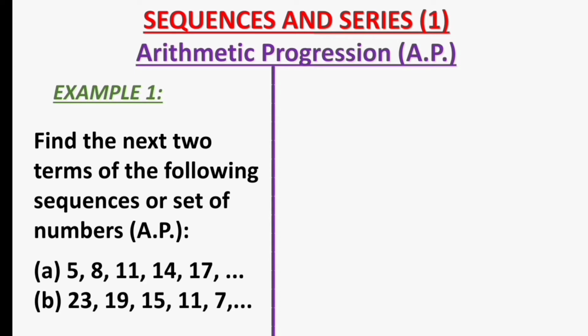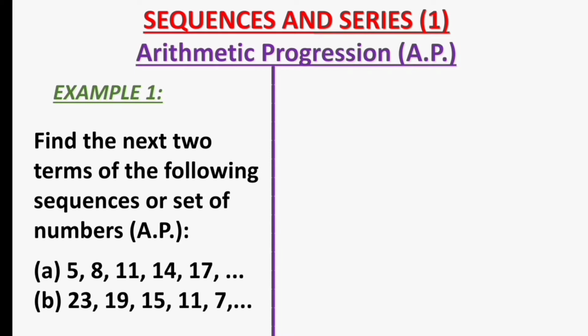Example 1. Find the next 2 terms of the following sequences or set of numbers, AP. The sequence in question A is 5, 8, 11, 14, 17, and so on.